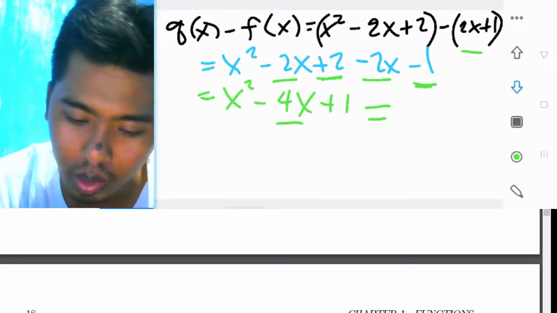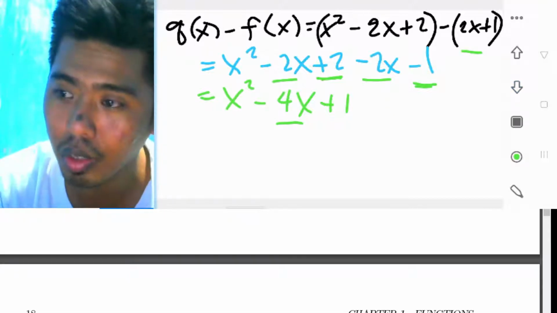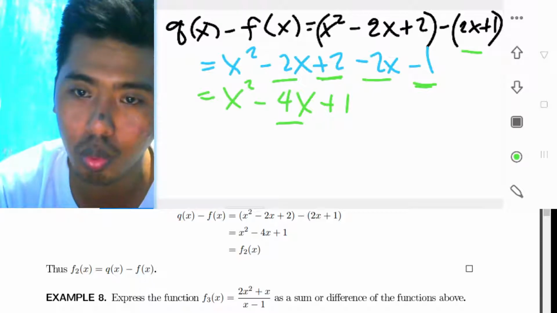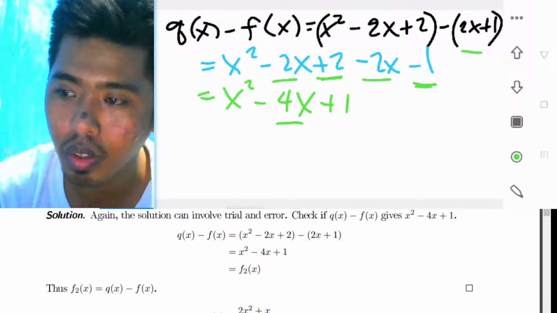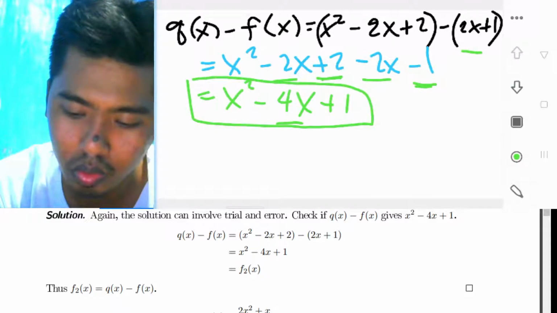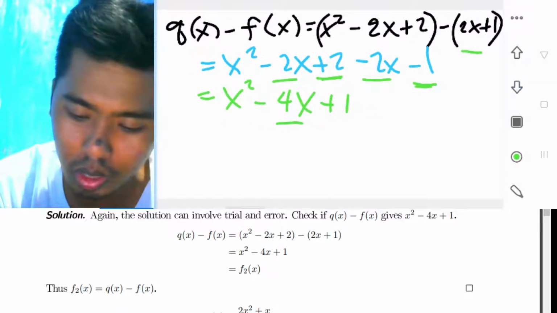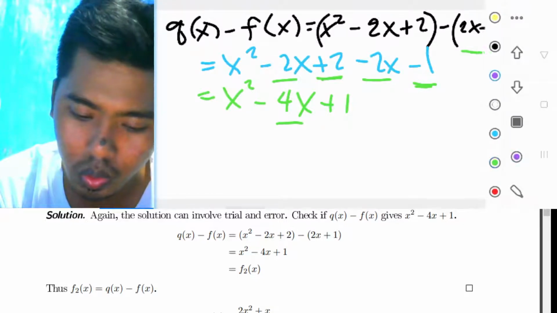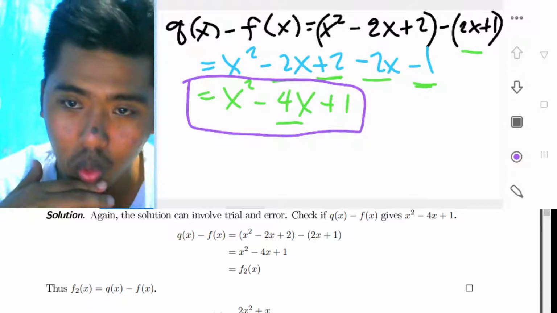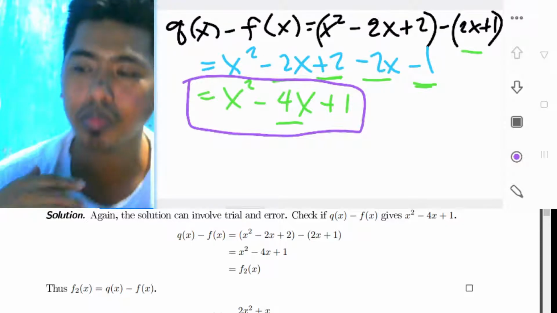Oh no, they're the same. Equal. I misread it. If we look at this f sub 2, that would be x squared minus 4x plus 1.